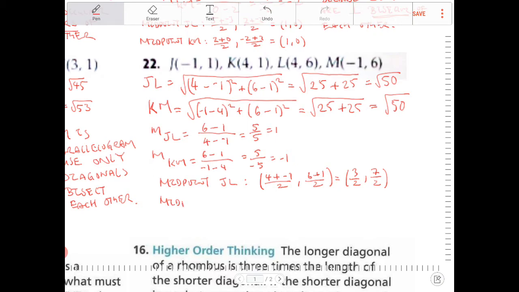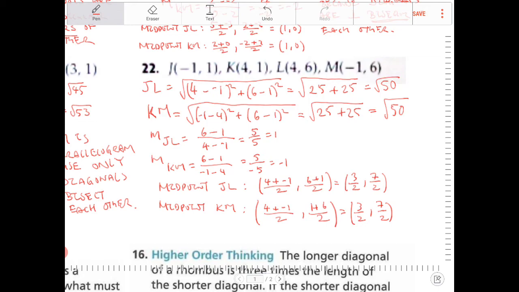Midpoint of KM, that would be 4 plus negative 1 over 2, and 1 plus 6 over 2. And again, that comes out to be 3 over 2 and 7 over 2.